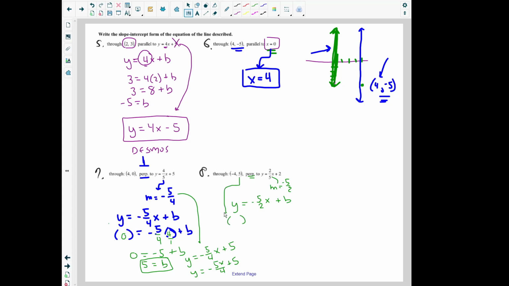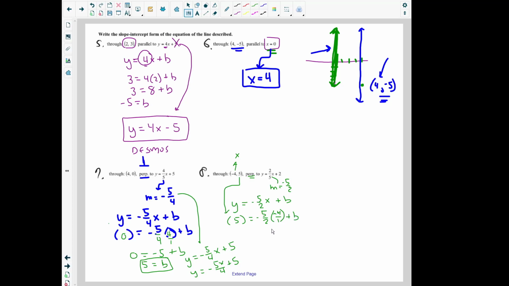So the y value is going to go here, 5. Keep the slope the same. And then we're going to put in the x value of negative 4. I am going to make this x value a fraction, so it's negative 4/1 plus b.